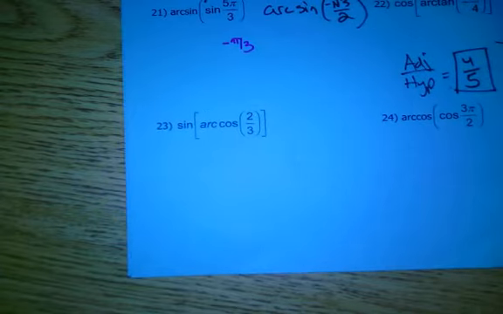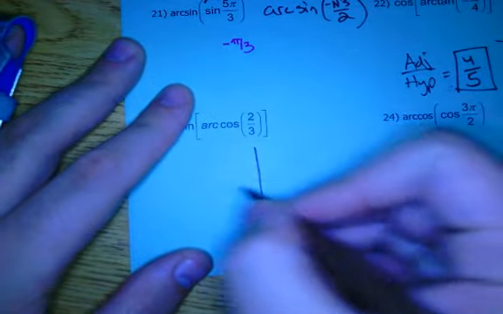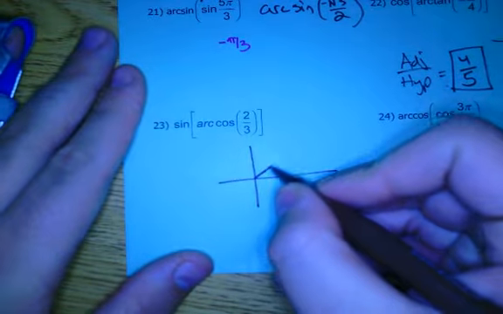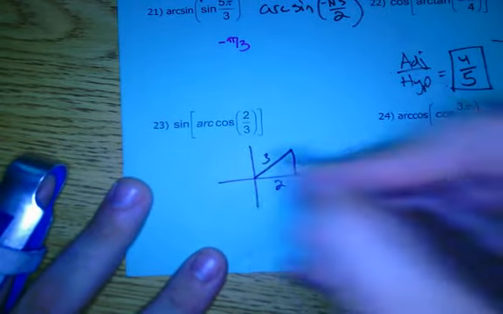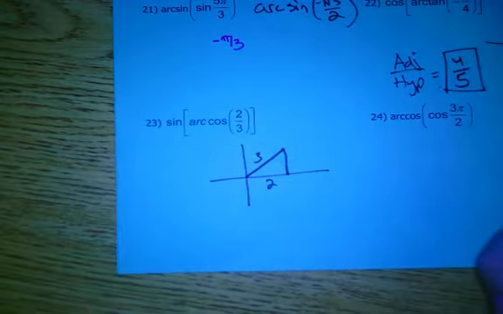How would you do this one right here? How would you do sine of arccosine? Don't be tired. We're almost done here. You draw a triangle in which quadrant? So it's positive. So I'm going to get 2, 3, and my missing side is going to be: 2 squared plus what squared gives me 3 squared.